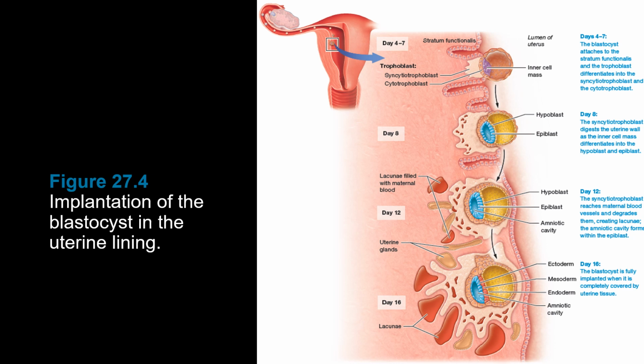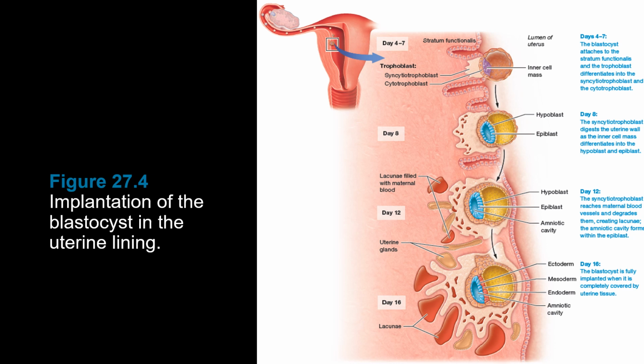The syncytiotrophoblast also makes contact with nutrients in the uterine glands, and by day 16, the blastocyst moves further into the lining, where it becomes covered by regrowth of those maternal epithelial cells on the surface. When the blastocyst is fully embedded in the uterine wall, covered by uterine epithelial cells, it is considered to be fully implanted.